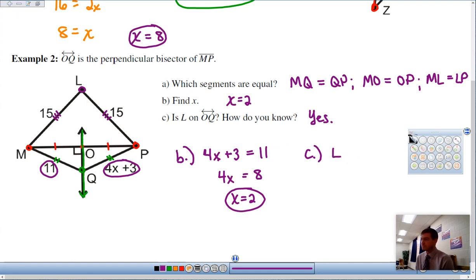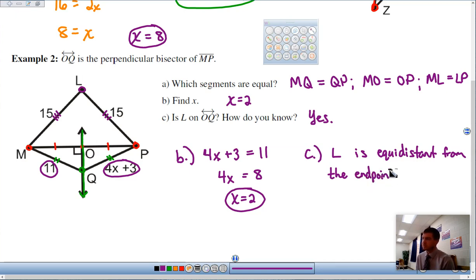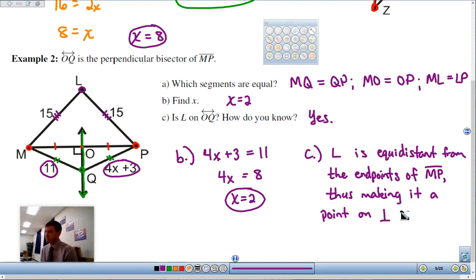L is equidistant from the endpoints of segment MP, thus making it a point on perpendicular bisector OQ.